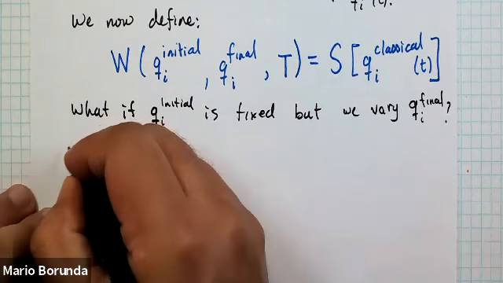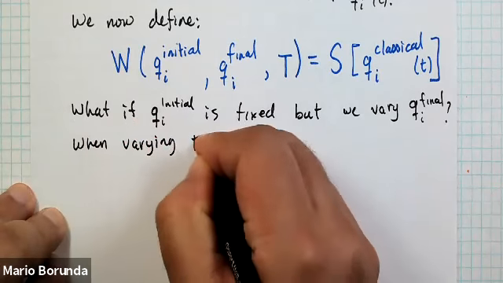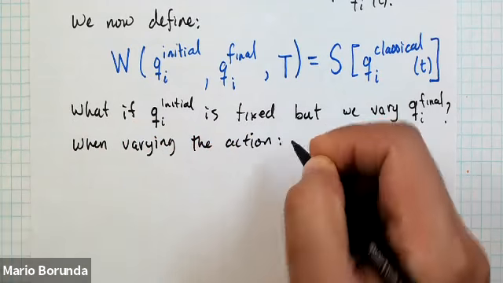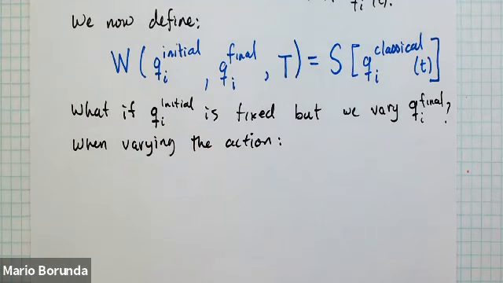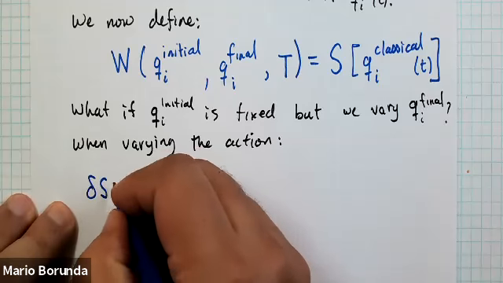And we saw that when varying the action, we had the following expression to do. So this is the variation on the action.